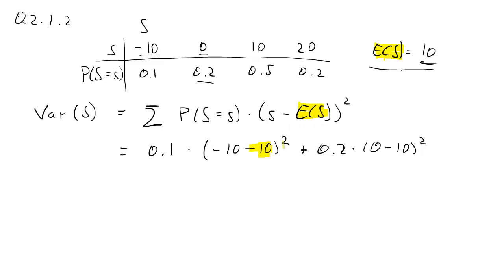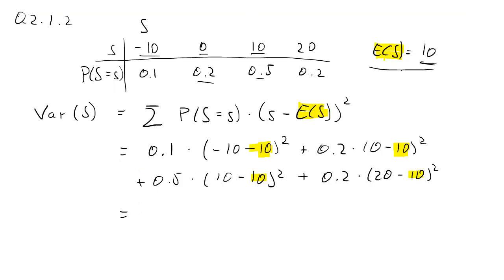So always these -10 bits that will appear, they're always the subtraction of the expected value in order to calculate deviations. Then the outcome 10 minus 10, of course 0, probability is 0.5, and then 0.2 times 20 minus 10, again the expected value, squared.